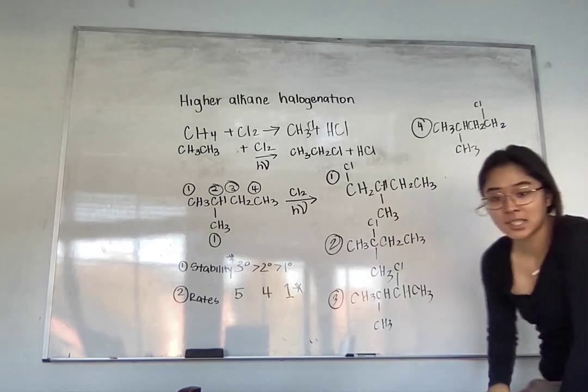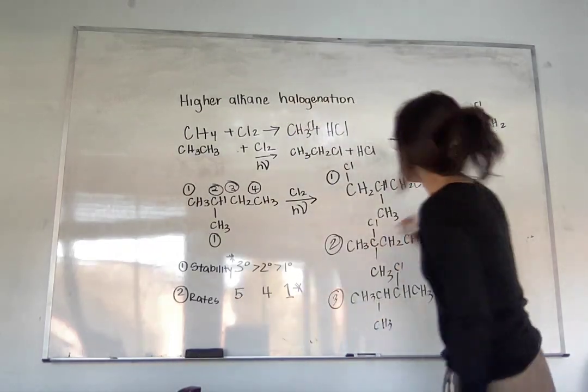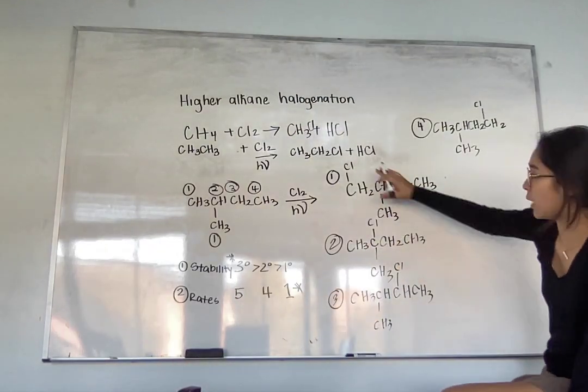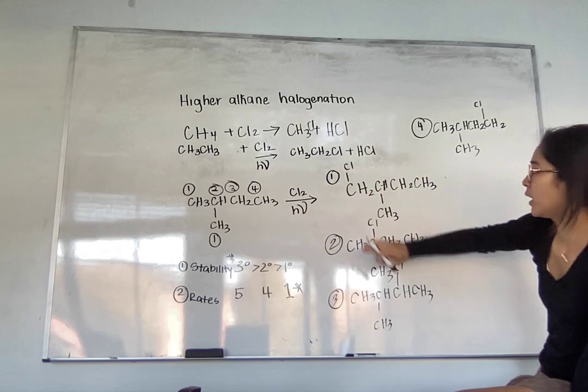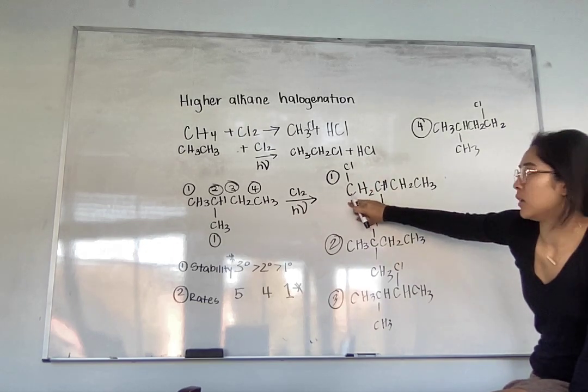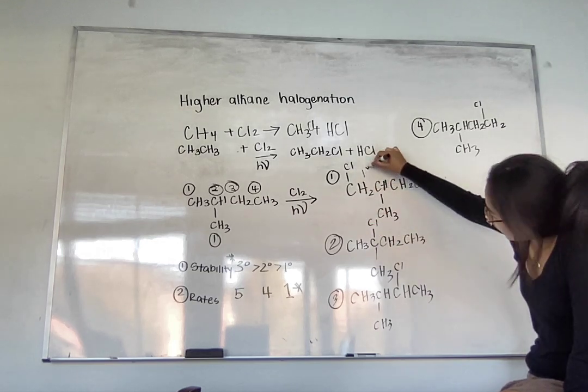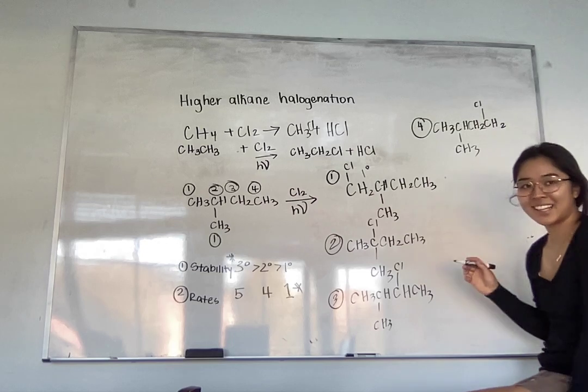Let's look at whether they're primary, secondary, or tertiary. When we do this, we need to look at where the halogen is attached. So this halogen is attached to this carbon. We're looking at the carbon that the halogen is attached to, and what it's attached to itself. This is a primary, my bad, I keep saying that.